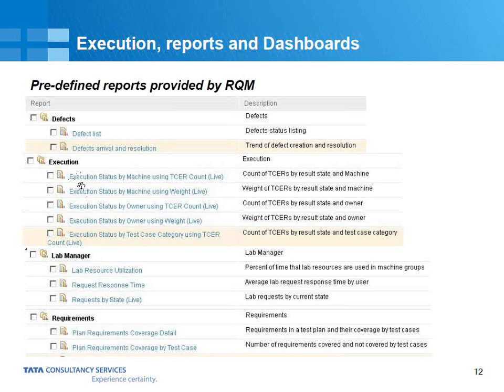So for this type of report, execution status by machine using TCR, you would have created multiple TCRs, and using those TCR counts, you want to know the status machine-wise. As part of the testing activity, you would assign your automation tests to different machines, just for load balancing.